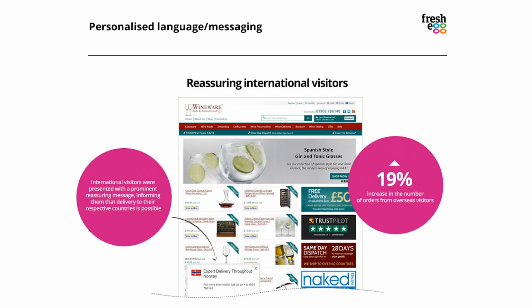It worked by showing, let's say in this example, someone's come from Norway, the Norwegian flags, so there's an immediate recognition element there, and reassurance that the website does deliver to that region, with a number to call if there are any questions around it. This simple rule-based personalization increased conversion rates by 19%, or orders from international visitors, I should say.